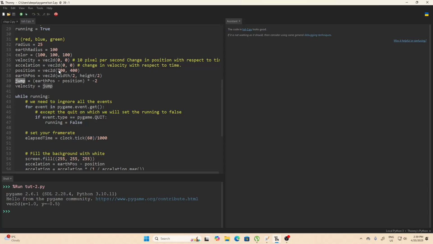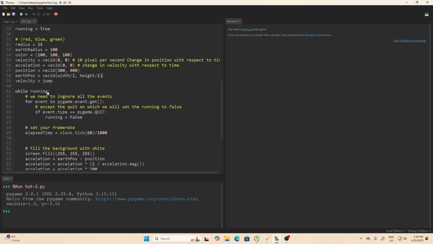So let's have a start position and an end position. Now let's do the rocket thing. The position is 300, and we no longer need the jumping thing, right?